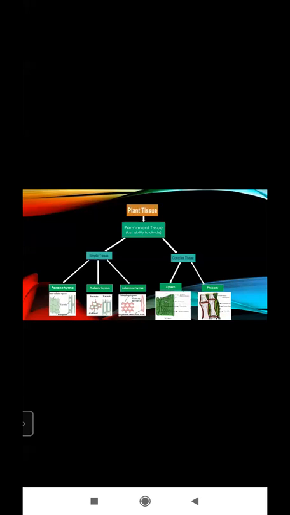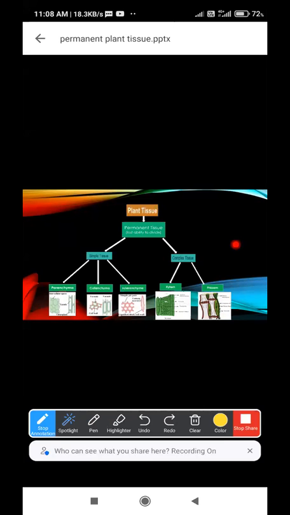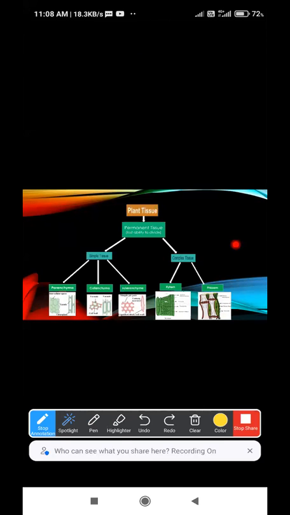Tissues that are made up of a single cell type are known as simple tissues. Of simple tissues, we have seen three types. First is parenchyma cells. They are also known as living cells.